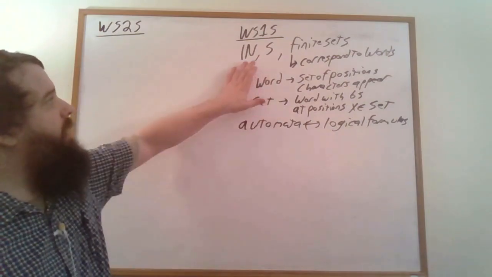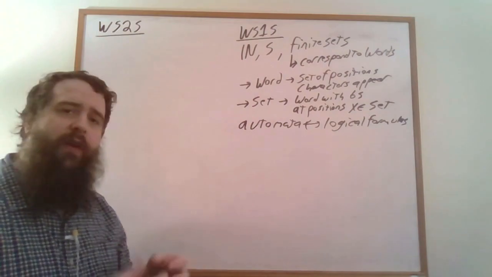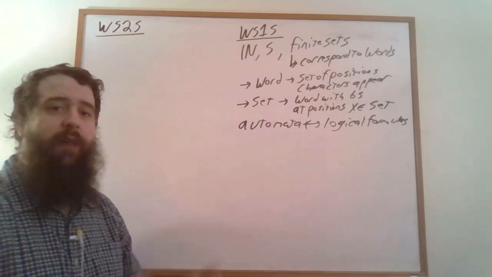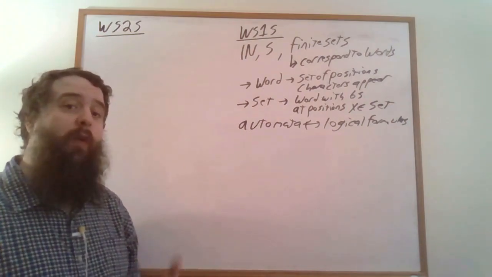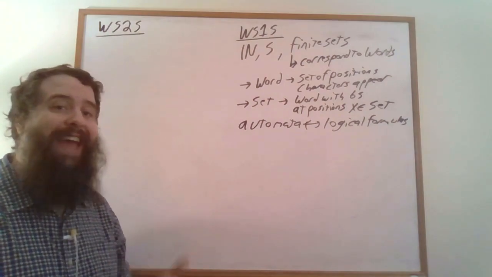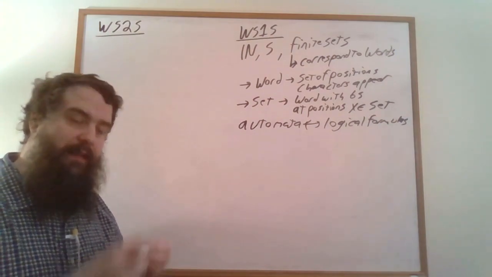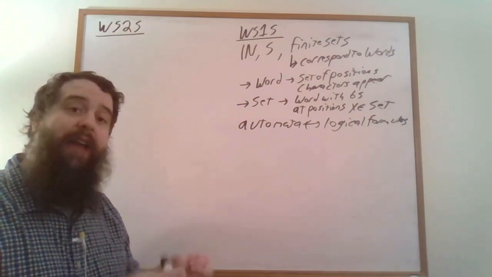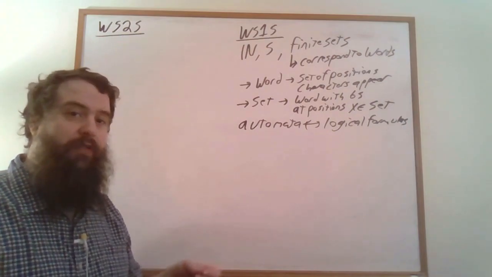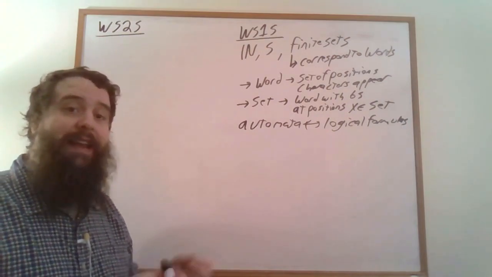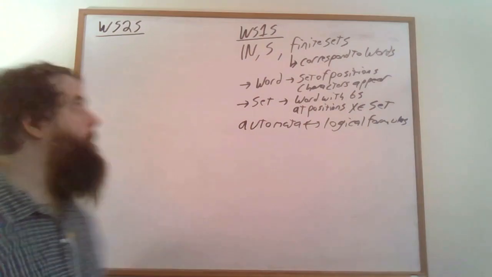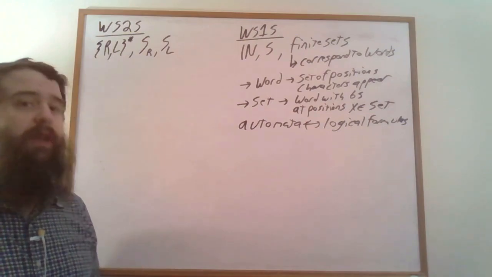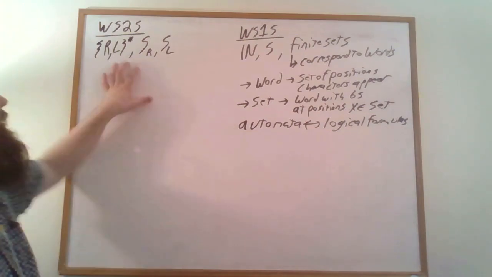But just like how we could generate the natural numbers starting from a single base, 0, and applying the successor operation as many times as we wanted, we can generate words on the characters R and L by starting from a single base, the empty word, and applying the successor R, the tack an R onto the end of a word operation, and successor L, the tack an L onto the end of a word operation. And this is what it means to study the theory of two successors, studying this structure here.